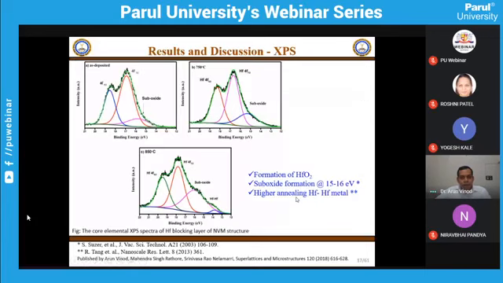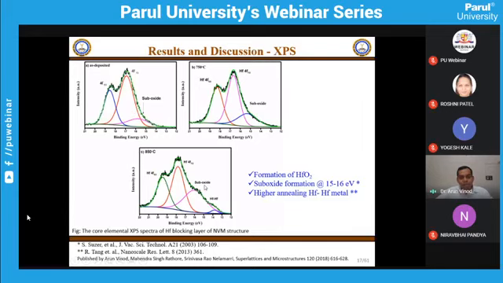To understand more about the compositional properties, we have done depth profiling of our samples, and we got this figure of the blocking layer of our different samples, like as-deposited, 750, and 850.